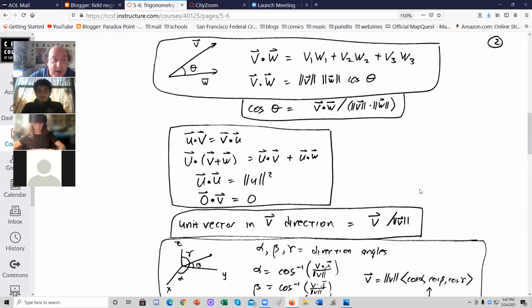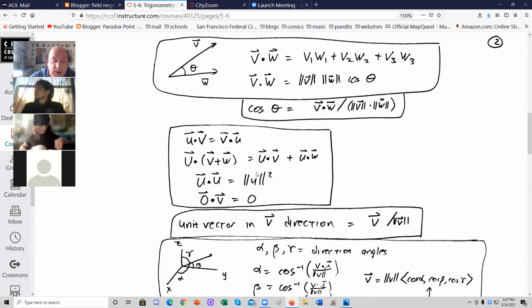This dot product is like a product of numbers, only it turns vectors into numbers, so it's a little odd in that respect. It's commutative, v dot w equals w dot v, and it's distributive over vector addition. u dot (v plus w) is u dot v plus u dot w.